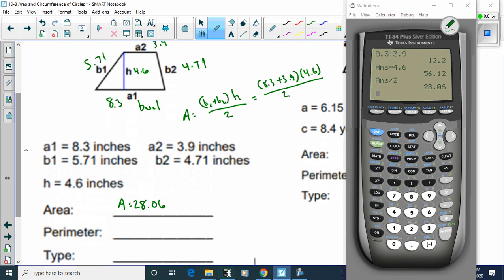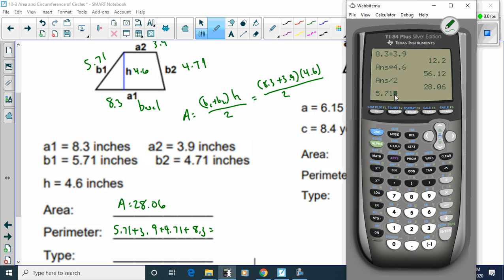And the perimeter then is going to be the sum of all the sides. So it's 5.71 plus 3.9 plus 4.71 plus 8.3. I don't care about that 4.6 because that's not on a side.